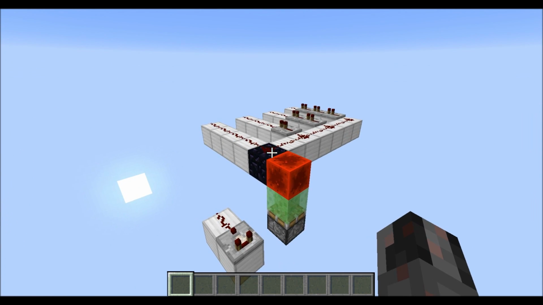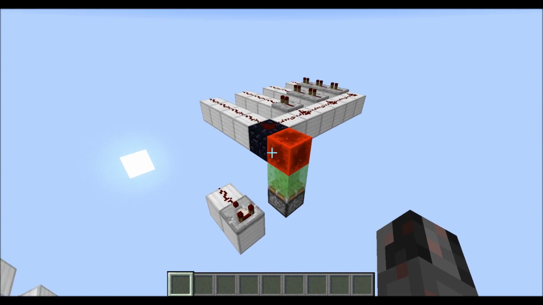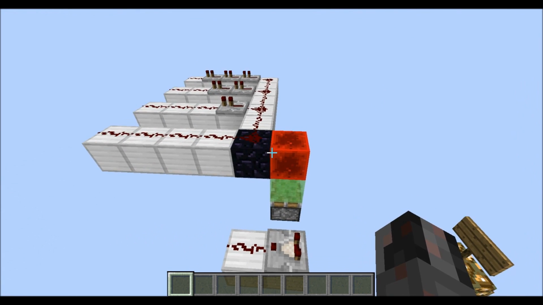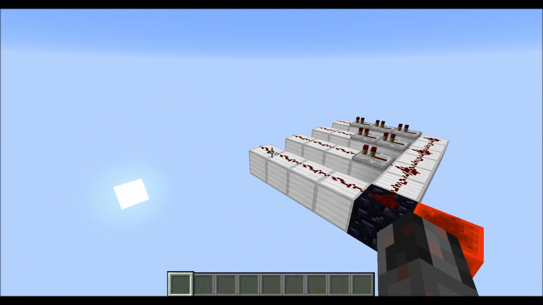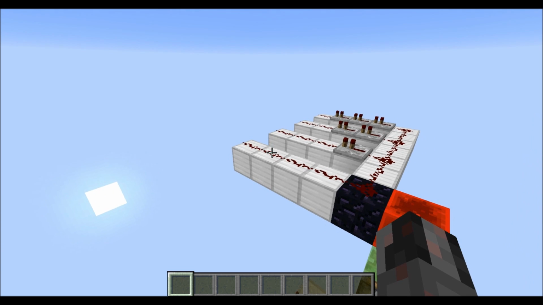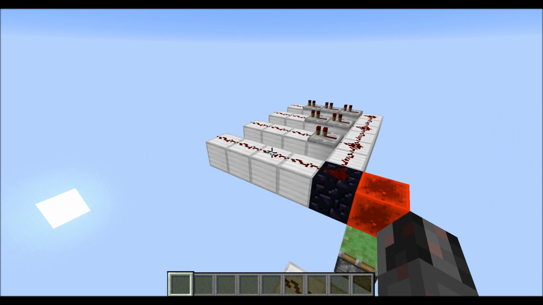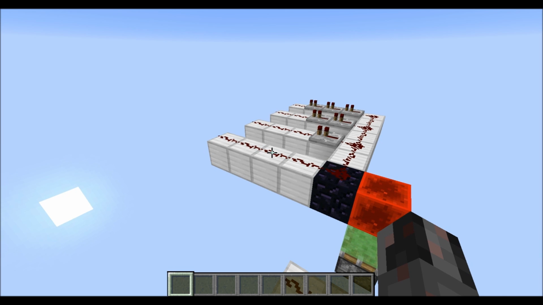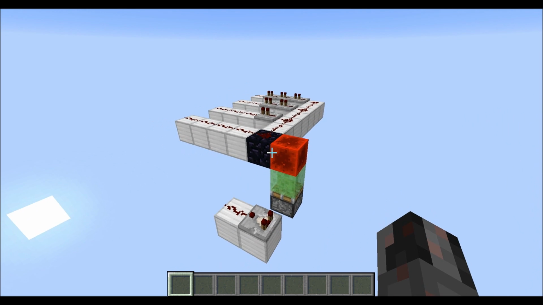So 2 ticks in the beginning, and then in the end you should maybe note that a sticky piston that gets a 1-tick pulse will be an immovable block for 3 ticks, starting with the pulse itself.